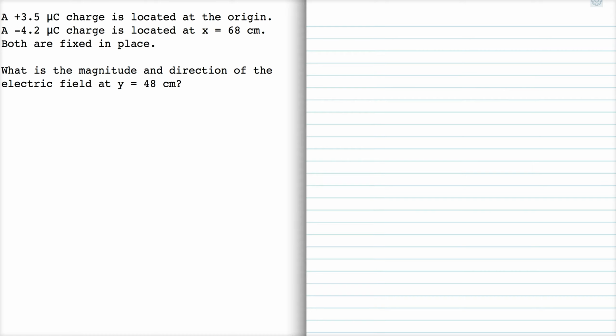For this problem, we have a 3.5 microcoulomb charge located at the origin, so we'll call that Q1. And then we have a minus 4.2 microcoulomb charge located out here, at a distance of 68 centimeters away, so 0.68.